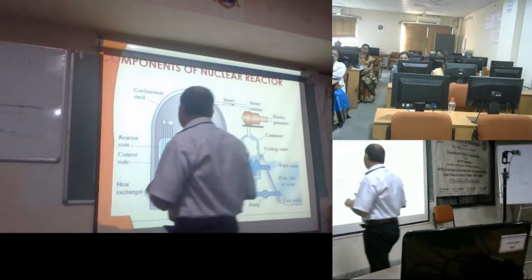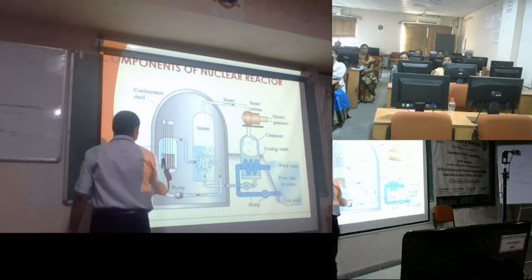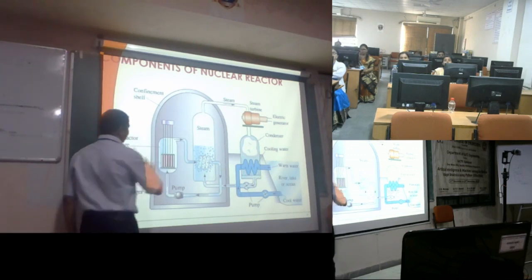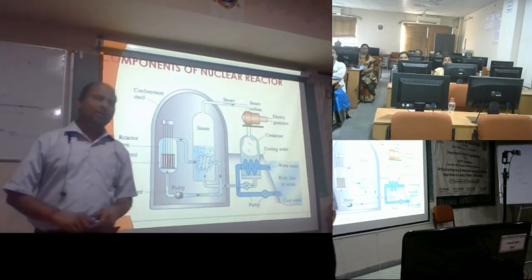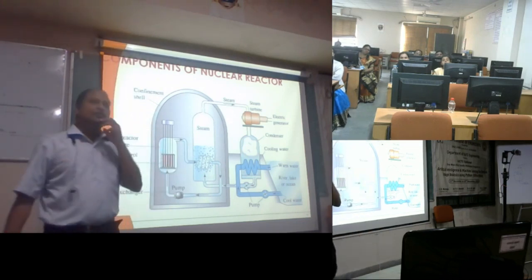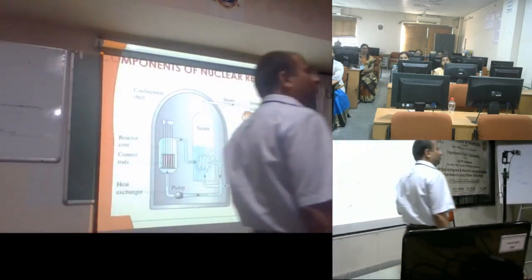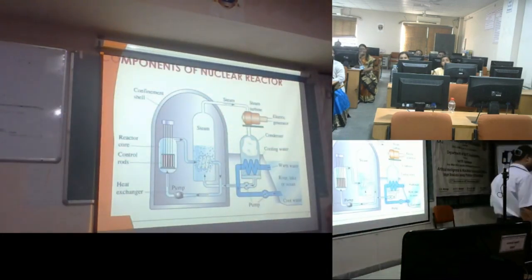You can see here there are some stripes of white color and red color. The red stripes are known as the control rods, generally made of cadmium and boron. Cadmium and boron have a property: they can eat the neutron, they can kill the neutron.